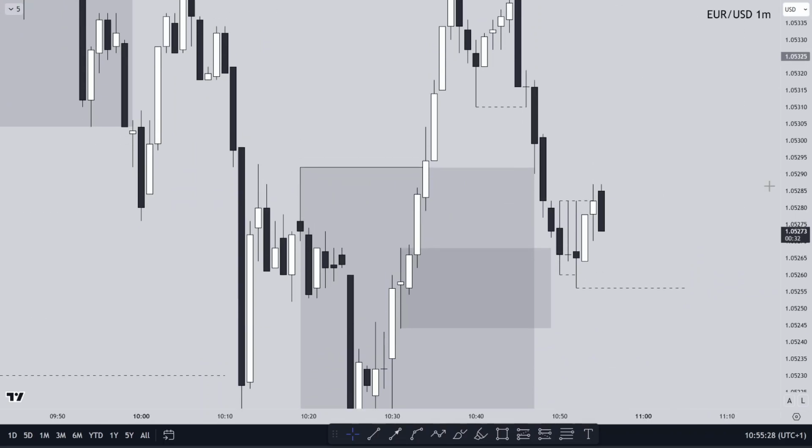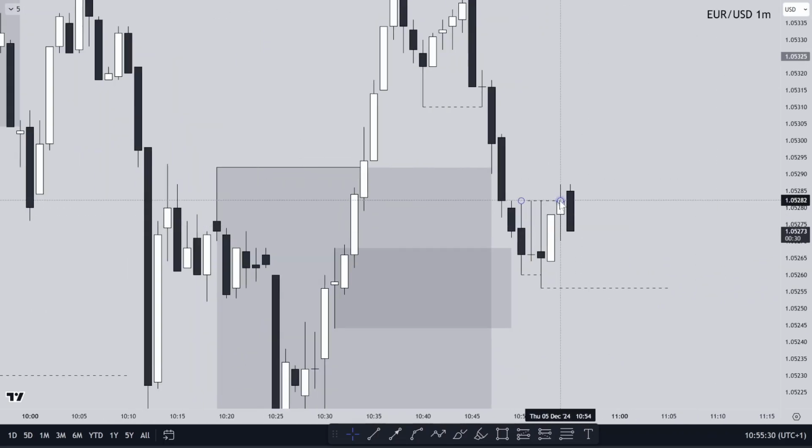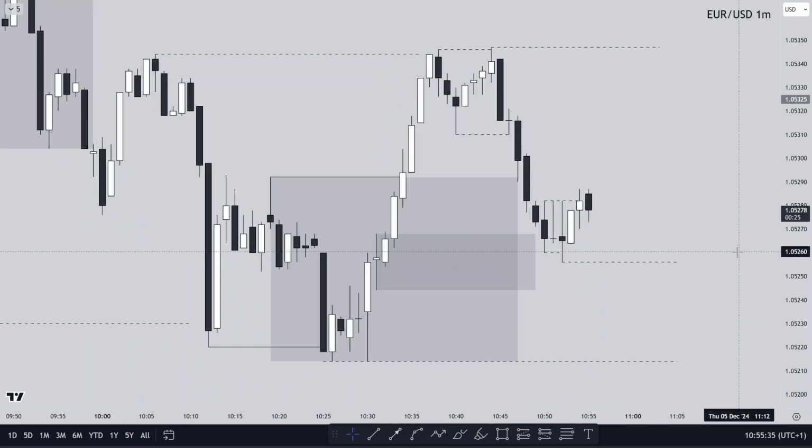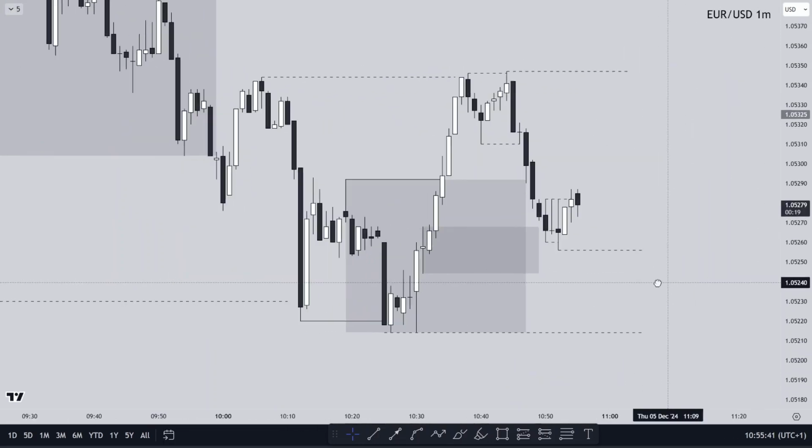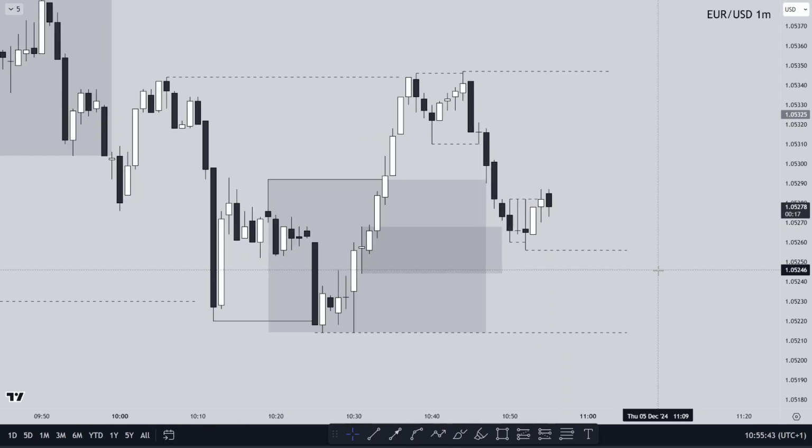So this candle closes below the level, so now I think we will see a movement to the downside, but I mean, let's see.